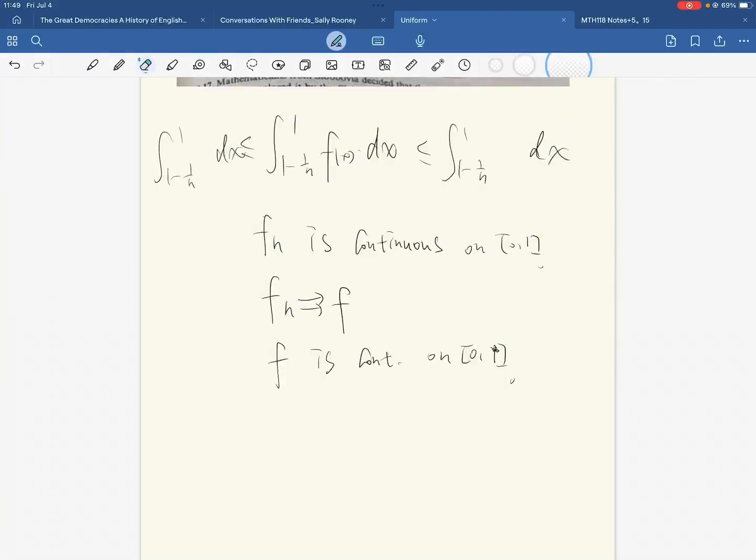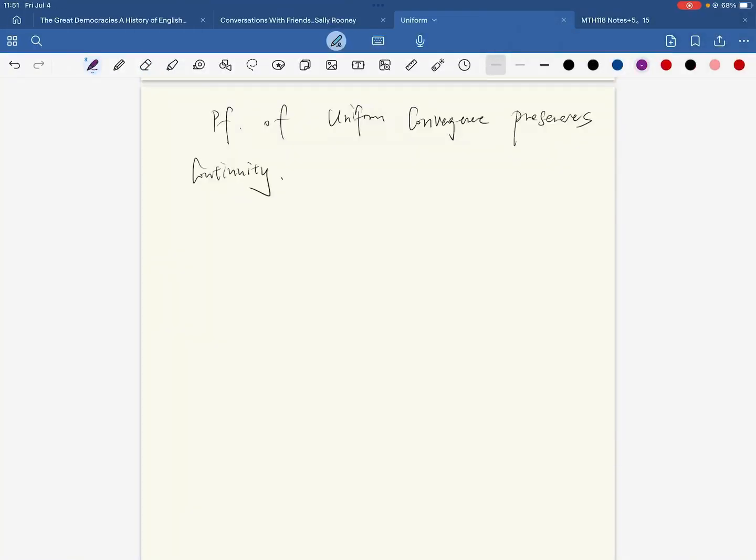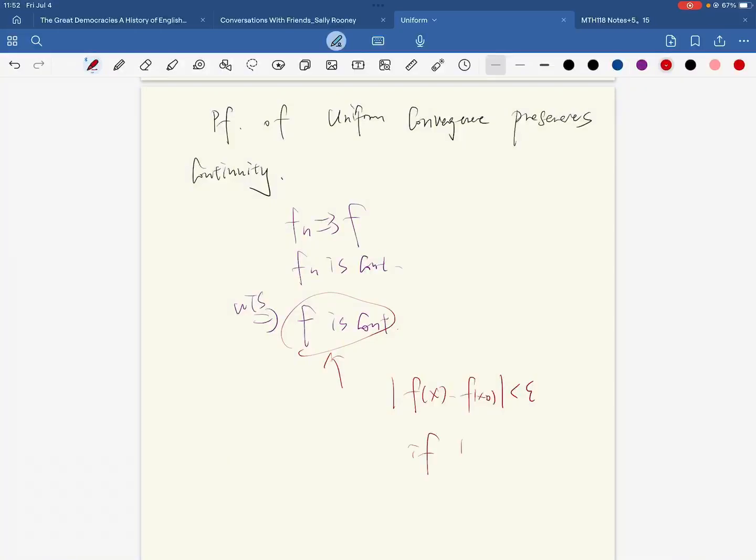Let's draw a picture of this proof. Uniform convergence preserves continuity. The conditions are that Fn converges uniformly to F, and Fn is continuous. We want to show F is continuous, and to show this, we need to show the epsilon-delta condition.